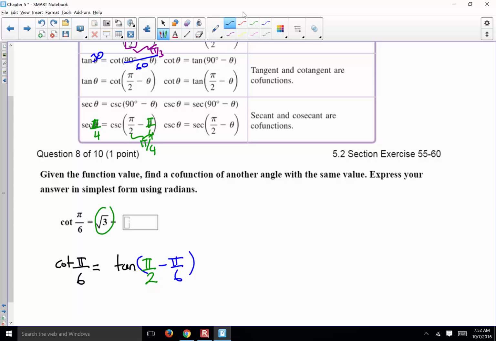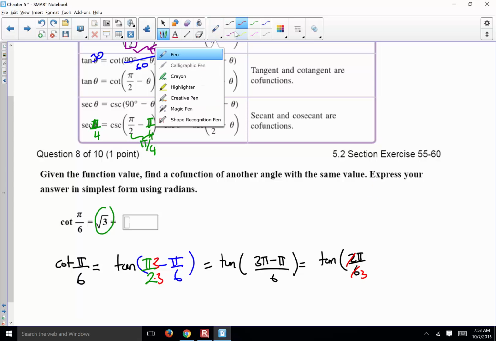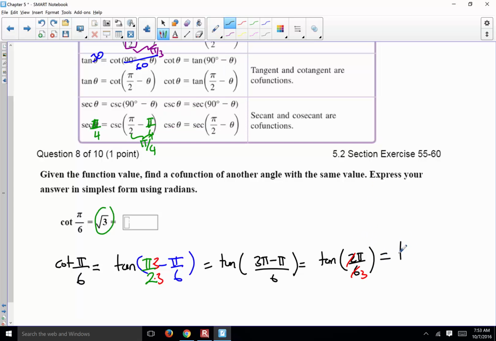And I know that these need to meet at the common denominator 6. So we have tangent of 3 pi over 6, take away pi over 6, and that's tangent of 2 pi over 6, canceling 2 and 6 into 3. Tangent pi over 3 is, now I assume you know tangent pi over 3, which we already know is root 3.